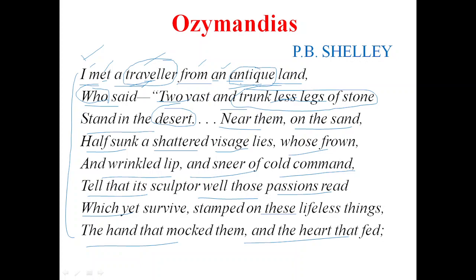क्या था? A shattered visage. Shattered होता है जिसके अंदर क्रैक्स आ जाते हैं, जैसे कोई चीज़ जब टूट जाती है तो आप बोलते हैं shattered, something which you know breaks into pieces.